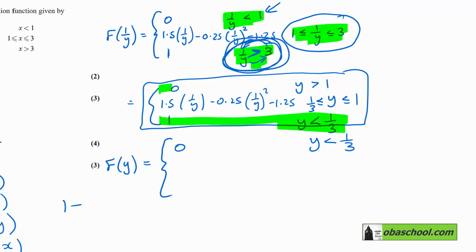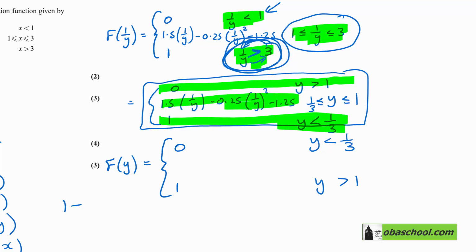If we look at the top row now, 1 take away 0 is 1, and that's going to apply for y more than 1. And if we do 1 take away the middle row, that's only really going to affect the negative 1.25. 1 take away negative 1.25 is going to be 2.25.